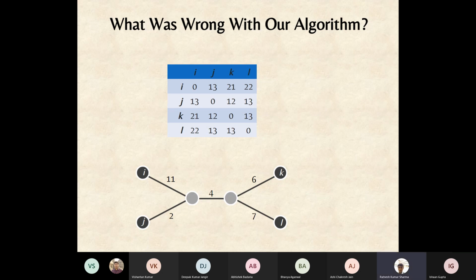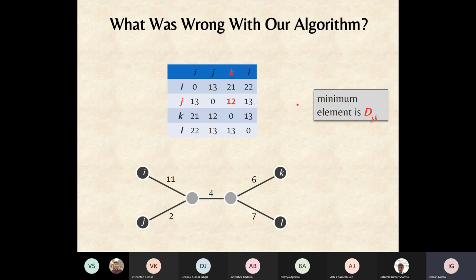Yes, sir. So this is an additive matrix because a simple tree is fitting this matrix. If we use the assumptions that we were going for earlier, the greedy strategy as Bhavya suggested, we take the minimum element and assume that it gives neighbors.